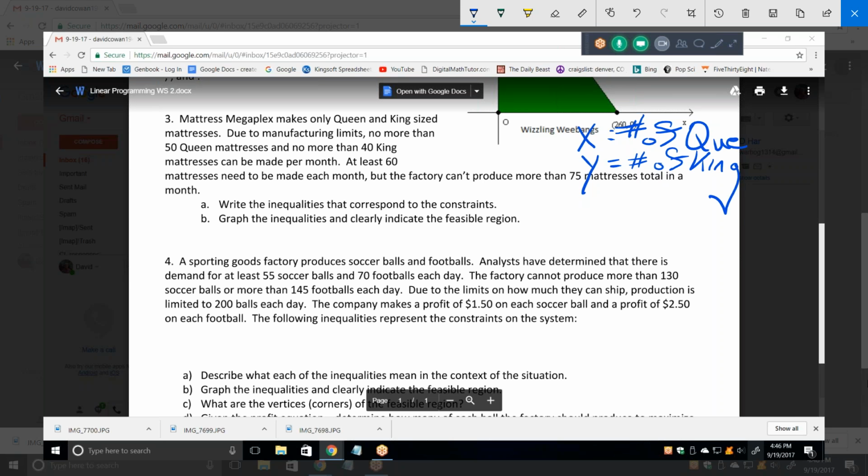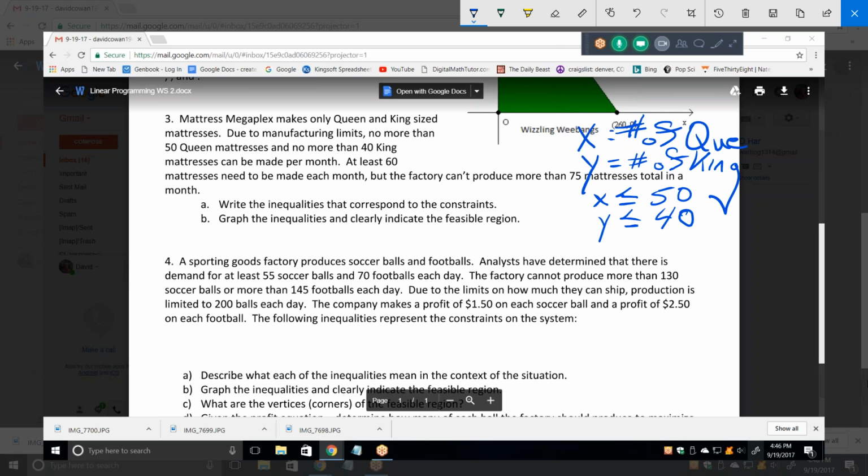So, starting off with the next sentence: no more than 50 queen and no more than 40 king can be made per month. What's X got to be less than or equal to? 50. What's Y got to be less than or equal to? 40.